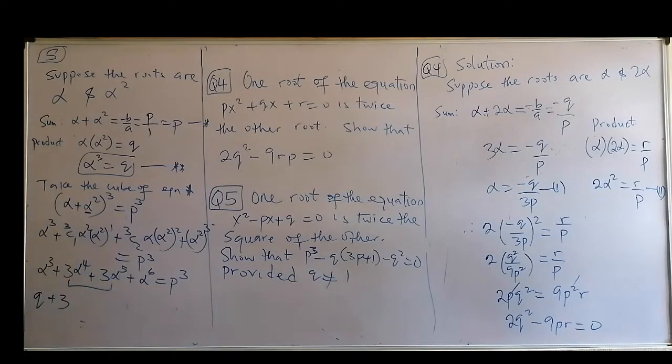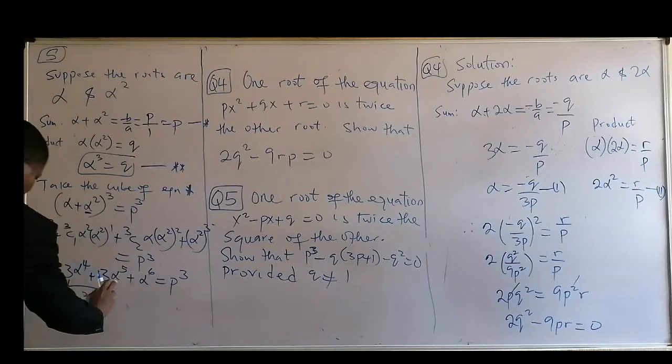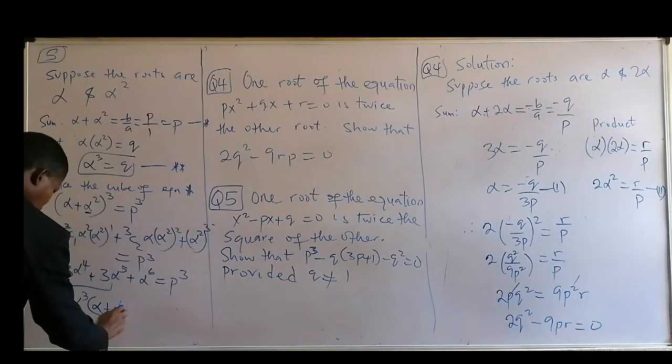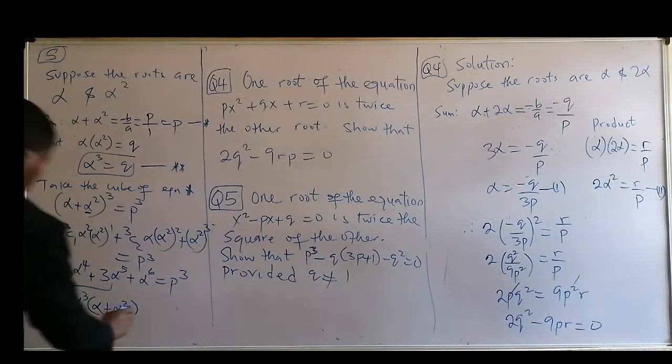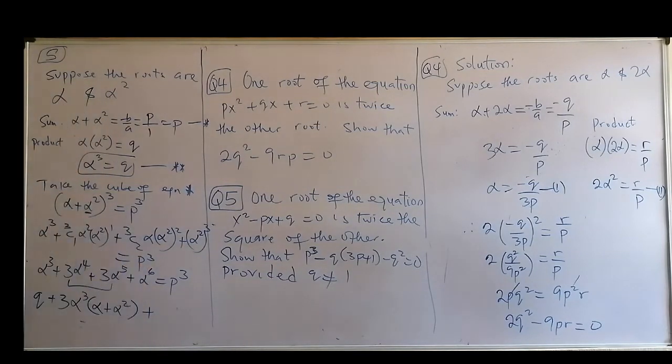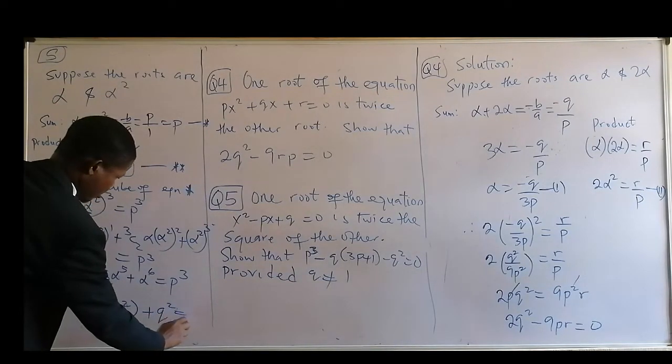So alpha to power 4 can be factorized, but we will not do that. We'll make it alpha to power 3. It's useful. Make it alpha to power 3. Make 1 alpha there, and it will remain plus alpha 2 here. Then plus this alpha to the power 6 will be here. That will be q squared, equal to p cubed.